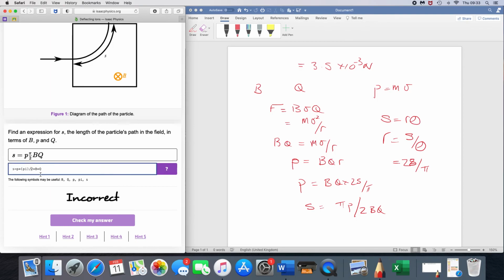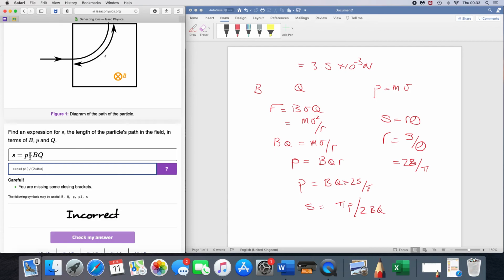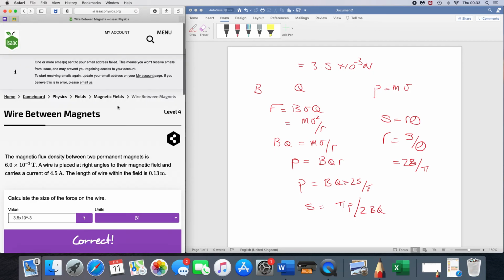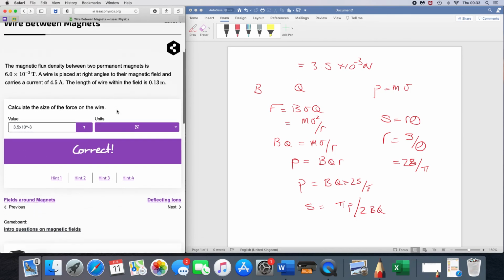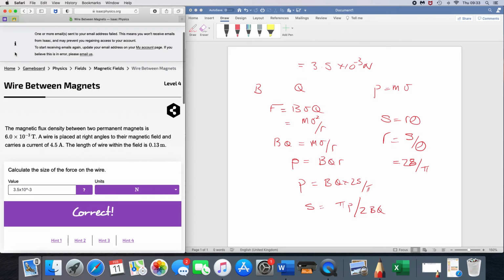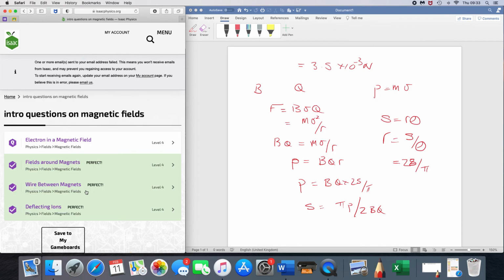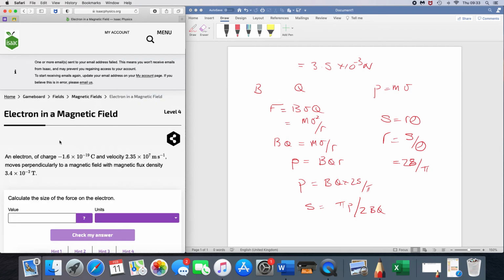What I've forgotten are the brackets around that. So, we have the wire between the magnets, we have the fields around the magnets, we have the deflecting ions.